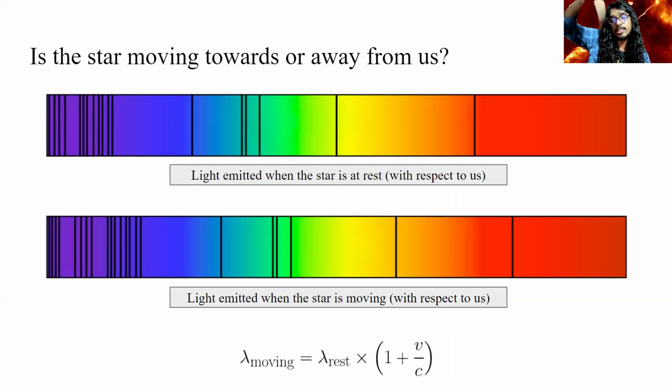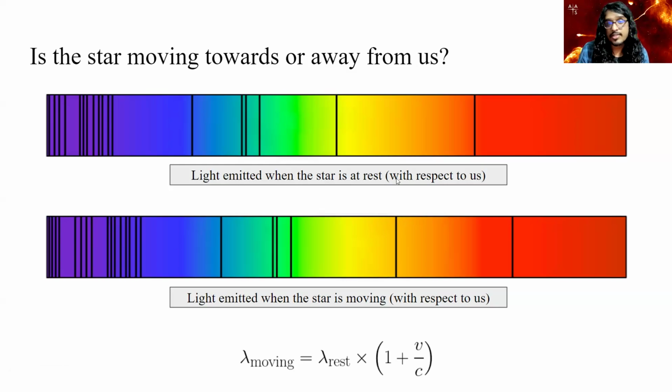So there are sudden dips in the spectrum, and those dips are called absorption lines. And these absorption lines, depending on the composition of the star, always show up at exactly the same wavelengths, as long as the star is stationary with respect to us, in terms of radial velocity.